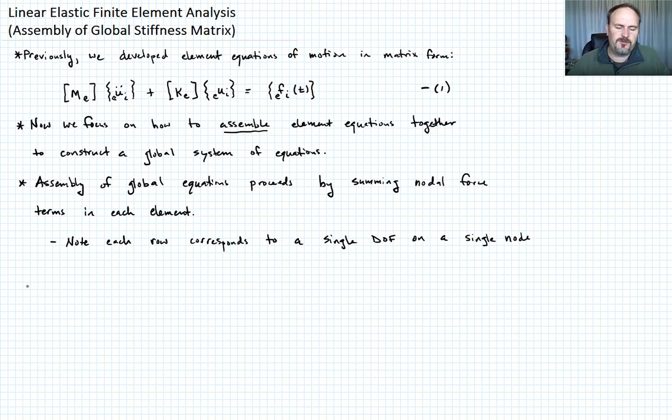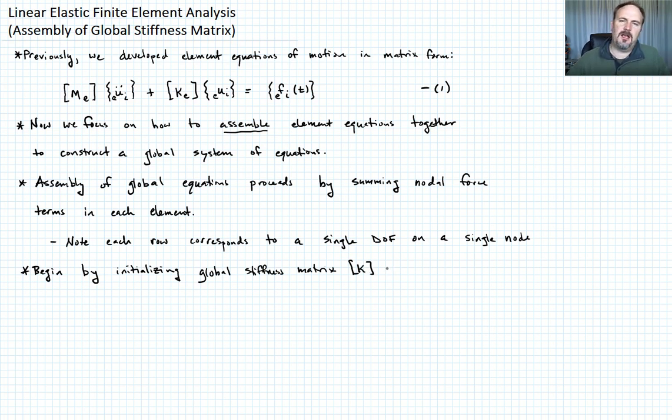So the way we approach this is we begin with a zero stiffness matrix, begin with zeros in the entire global stiffness matrix. Begin by initializing the global stiffness matrix. We'll call it the global stiffness matrix K with no subscripts. So begin by initializing the global stiffness matrix as a zero matrix.